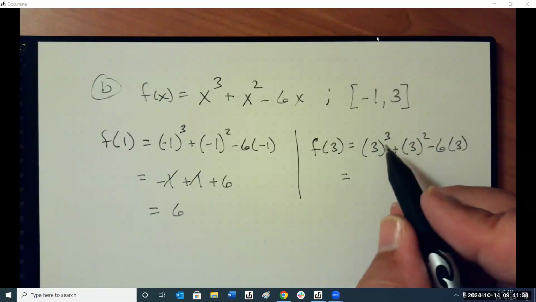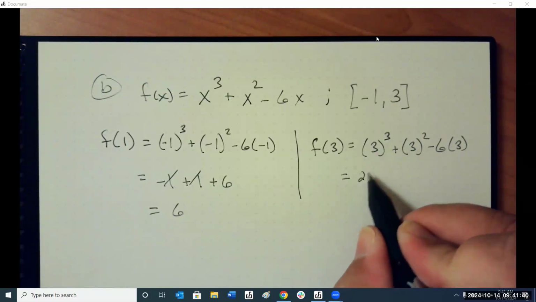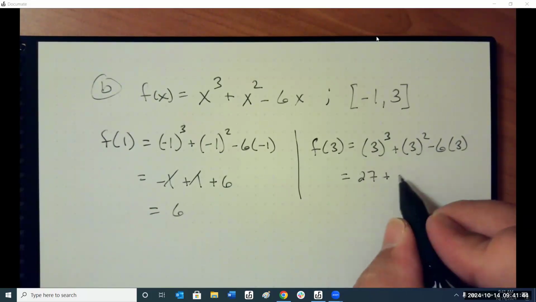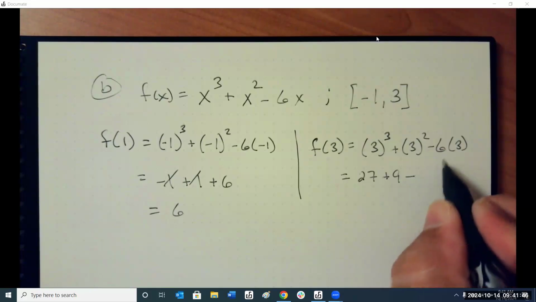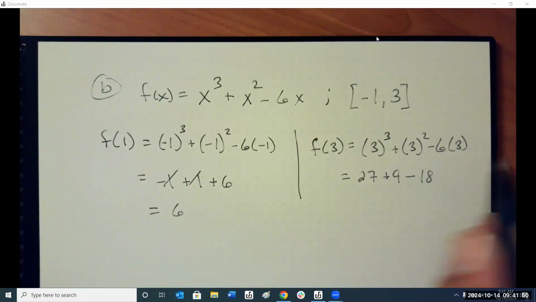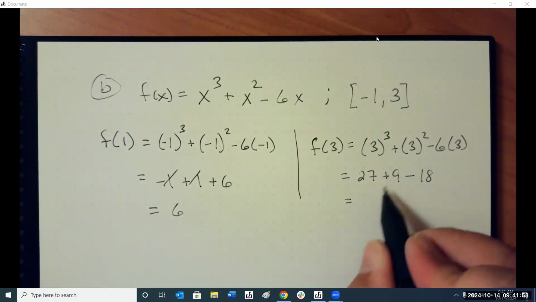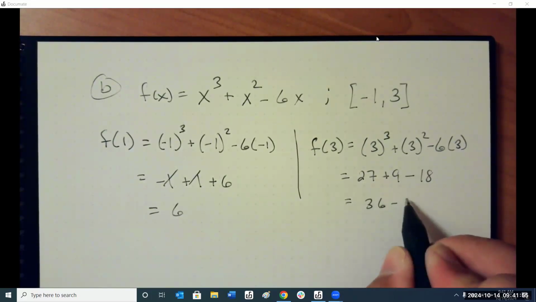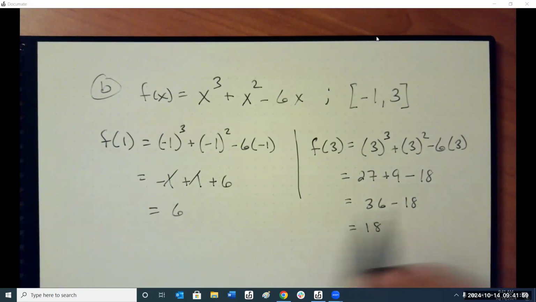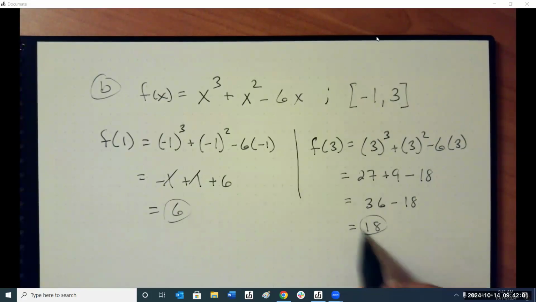Three cubed is 3 times 3 is 9 times 3 is 27. 3 squared is 9. Negative 6 times 3 is 18. 27 plus 9 is 36. Minus 18 is positive 18. They're both positive.